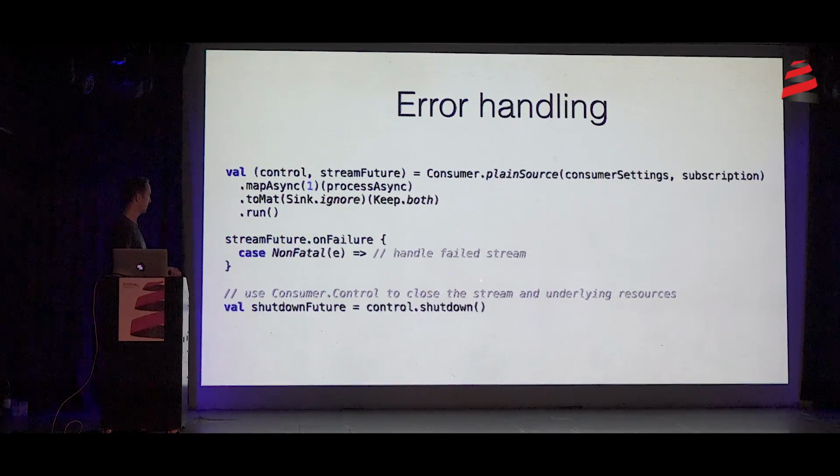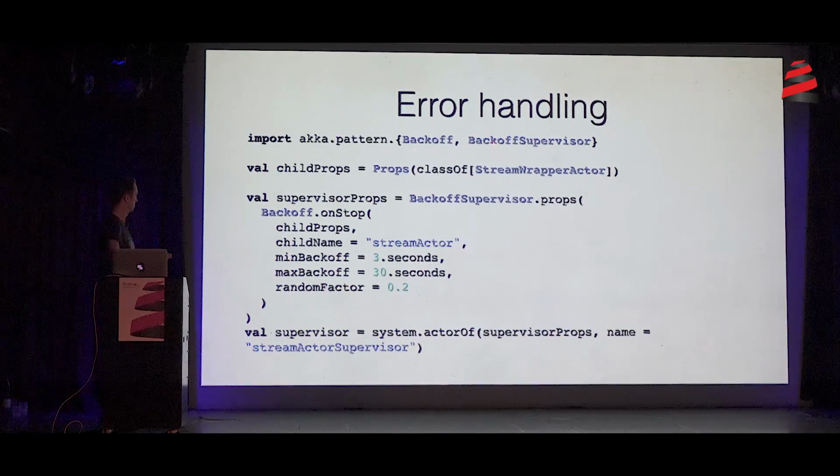So one good option here would be to keep the stream running in an actor and then just killing this actor from inside. So this can send a poison pill to the actor, for example, and then you have a supervision strategy around the actor, which will try to recreate it and then reconnect.